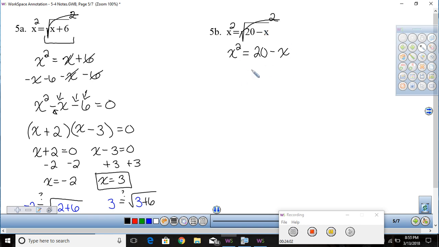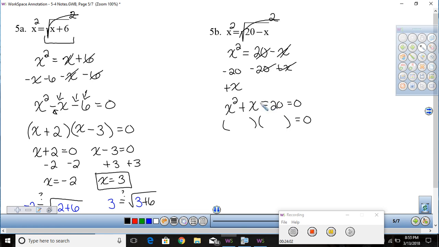factoring. So you need to move the 20, so we'll subtract it. And you also need to add the x and put these in order, right? So that cancels, you just have 0 over here. And then you've got x squared plus x minus 20 equals 0. And I'm ready to factor.